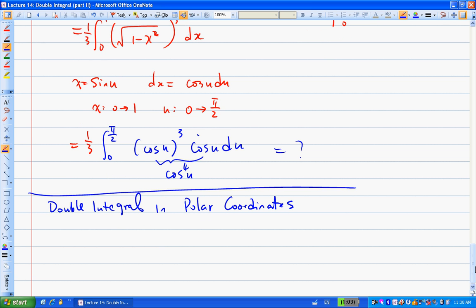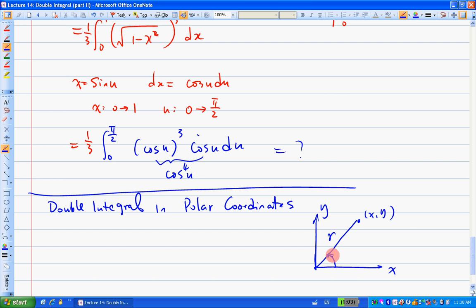Okay, so first we need to understand what polar coordinates are. Cartesian coordinates are x and y. So for polar coordinates, given the same point x and y, the polar coordinates are defined as this. You draw a line from here to here, then the magnitude from there to the point is r.